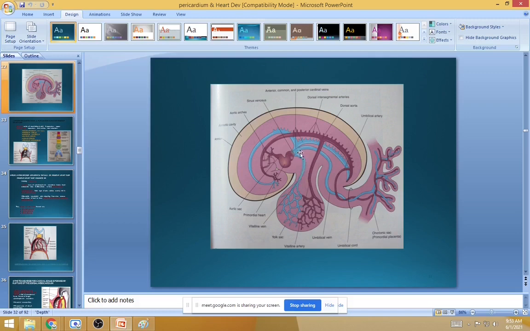The vitelline vein is draining the yolk sac, the umbilical vein is bringing the nutrition from the placenta, and these are the cardinal veins. This is the common cardinal, and the posterior and anterior cardinal veins. So there are these three veins.